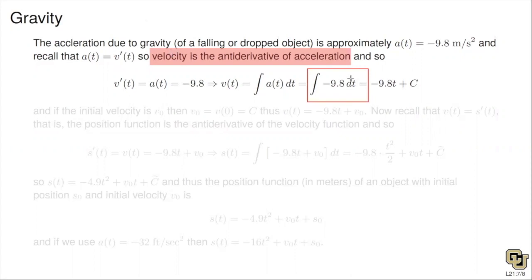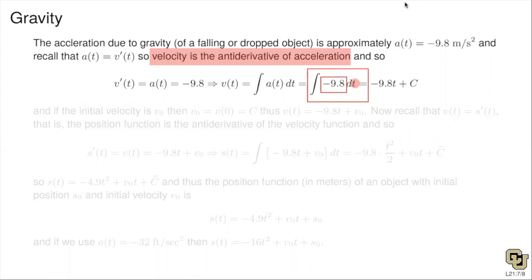Pay attention now here: t is the active variable. Before we said the integral of k dx, where k was a constant, is k times x plus c. So the integral of k dt will be kt plus c. Here the constant k is negative 9.8.